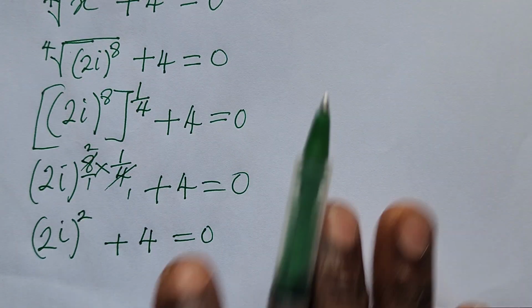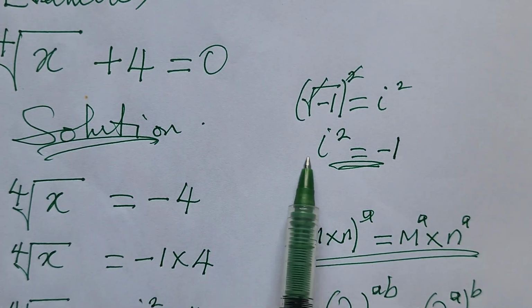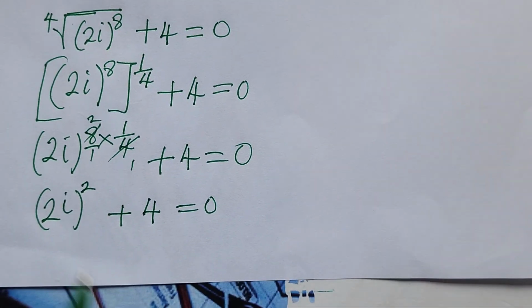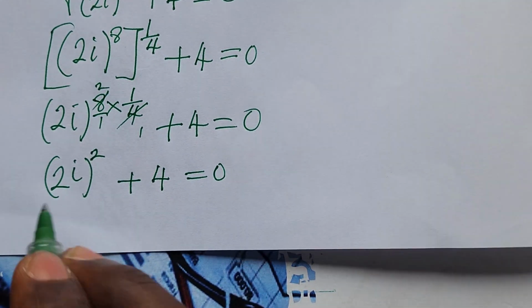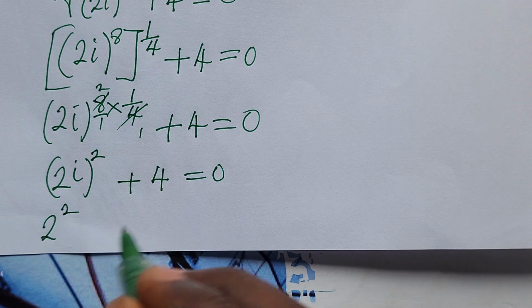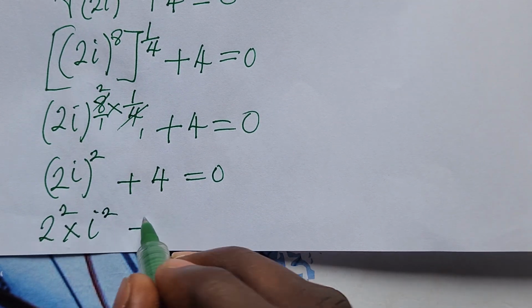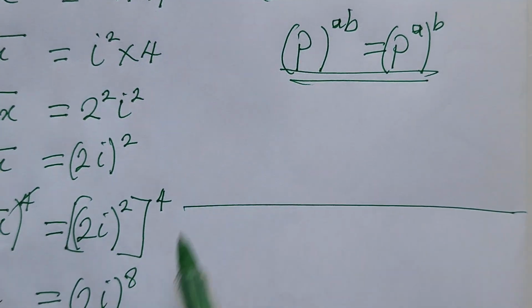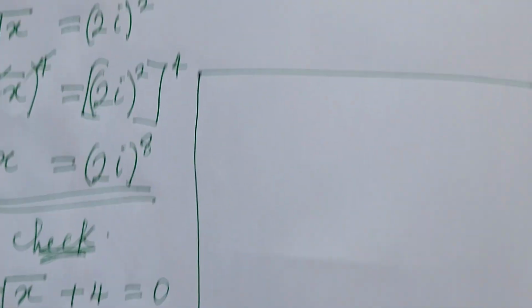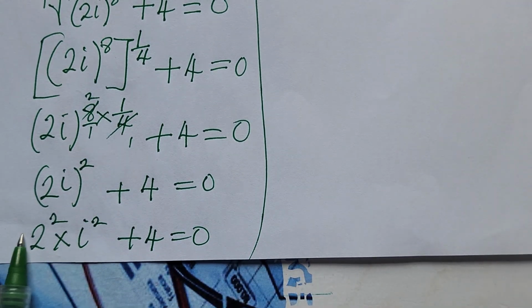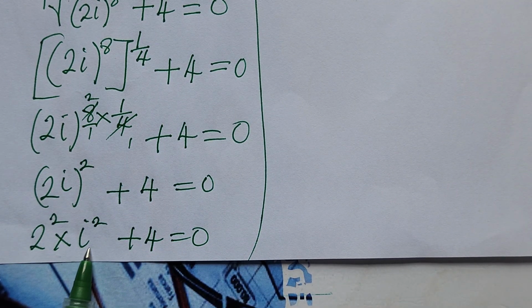From our analysis, we said that i squared is equal to minus 1. So we can bring that quantity in here. This gives us 2 to the power of 2 times i to the power of 2 plus 4 equal to 0. Let's finish up here. From this expression, this gives us 4 and this gives us minus 1.